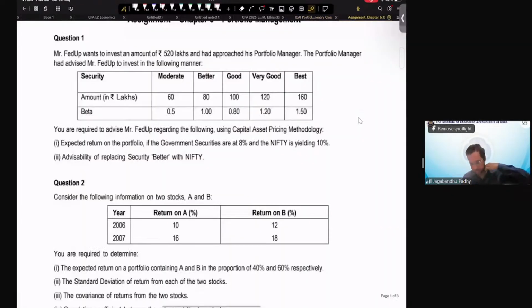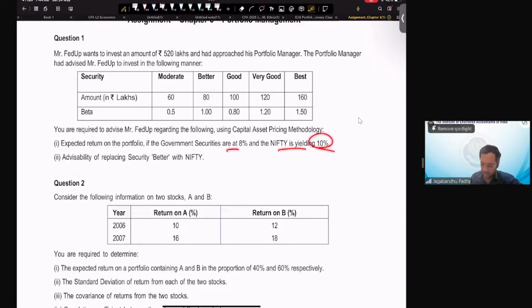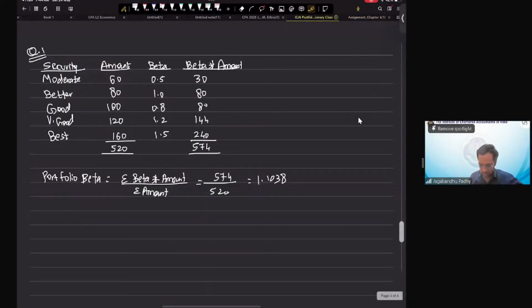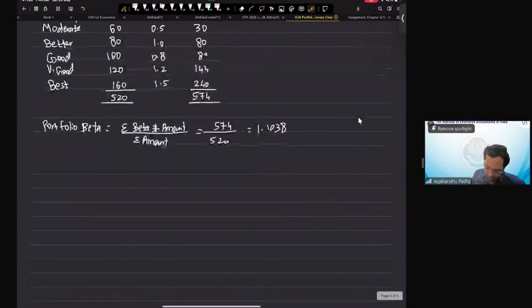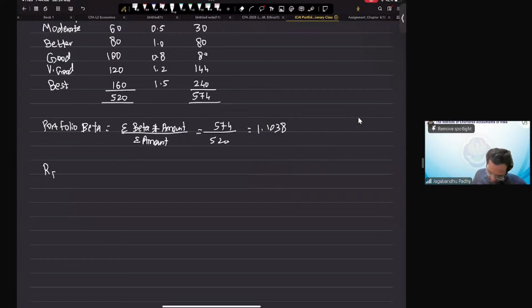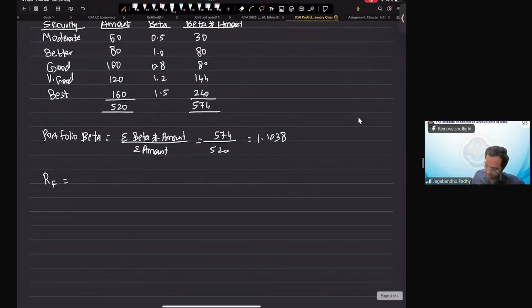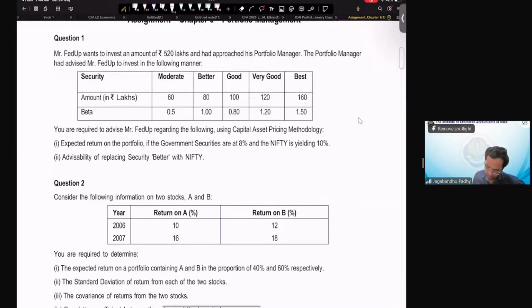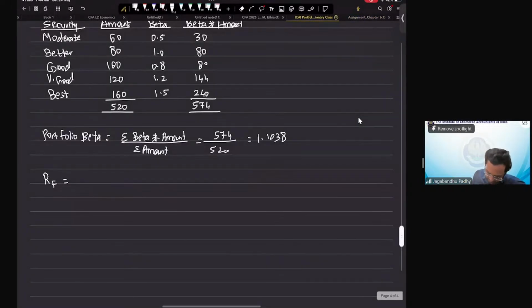Now the question is asking us to calculate the expected return on the portfolio if the government securities are at 8% and Nifty is yielding 10%. So in this case, we have risk-free as 8% and return of market is 10%.